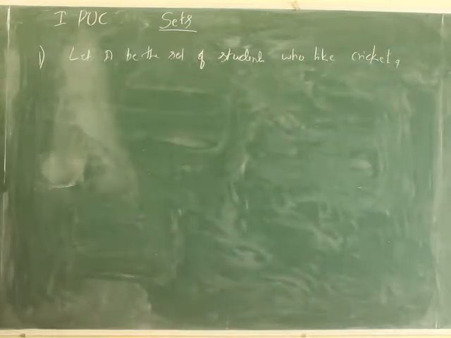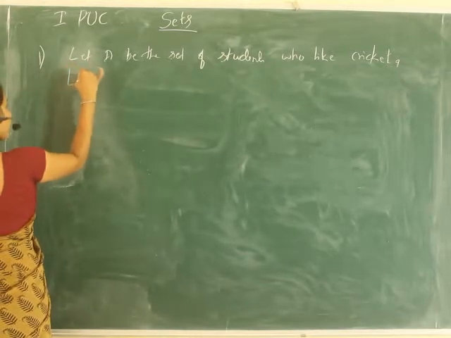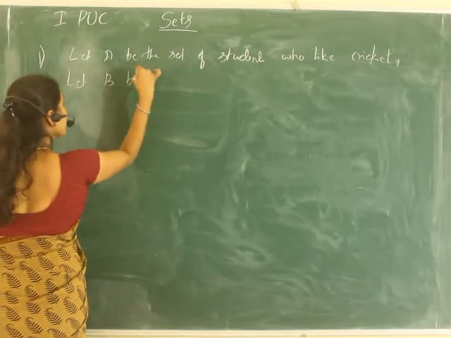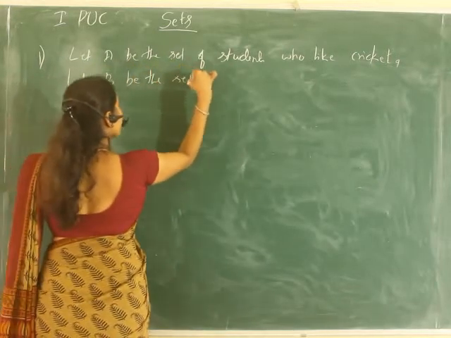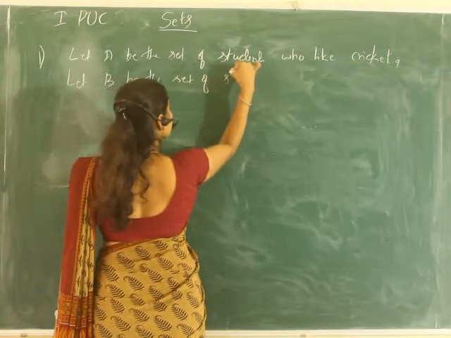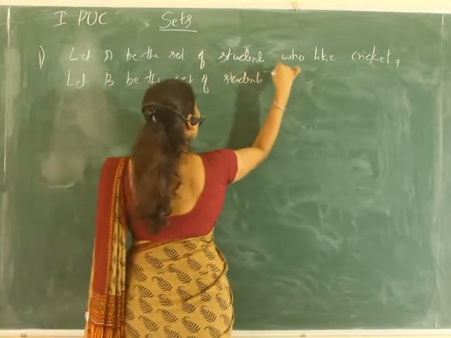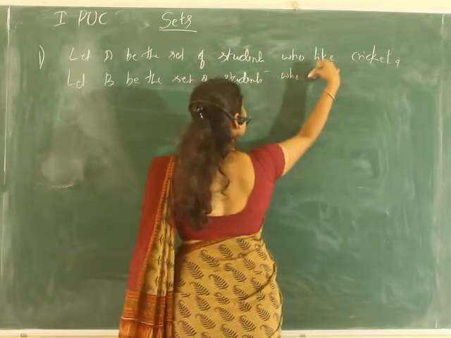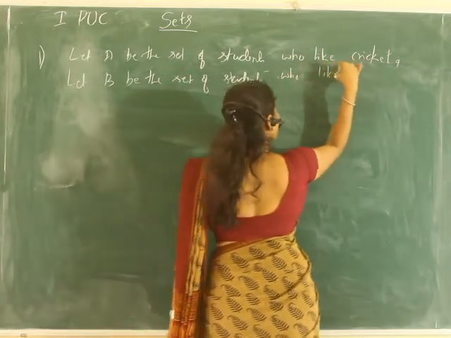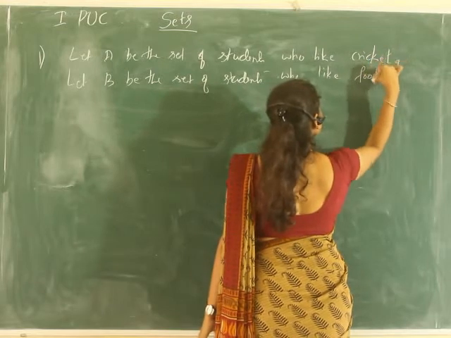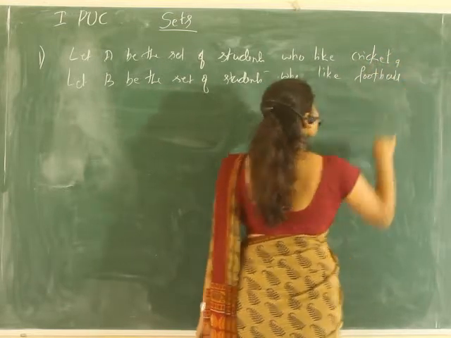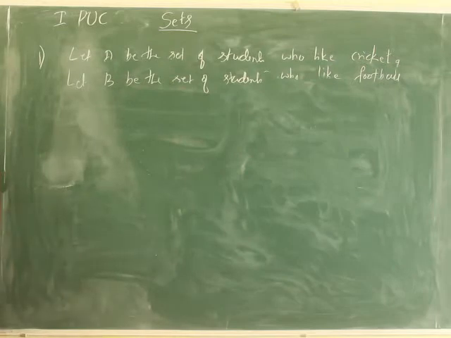Then one more, let B be the set of students who like football. First itself we have to consider this when the problem is given. You can go for X and Y also, or P and Q, but usually we take it as A and B.